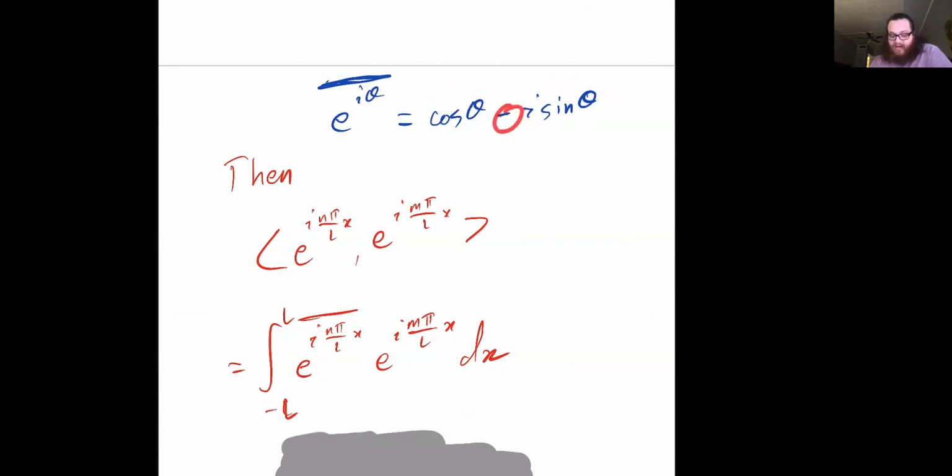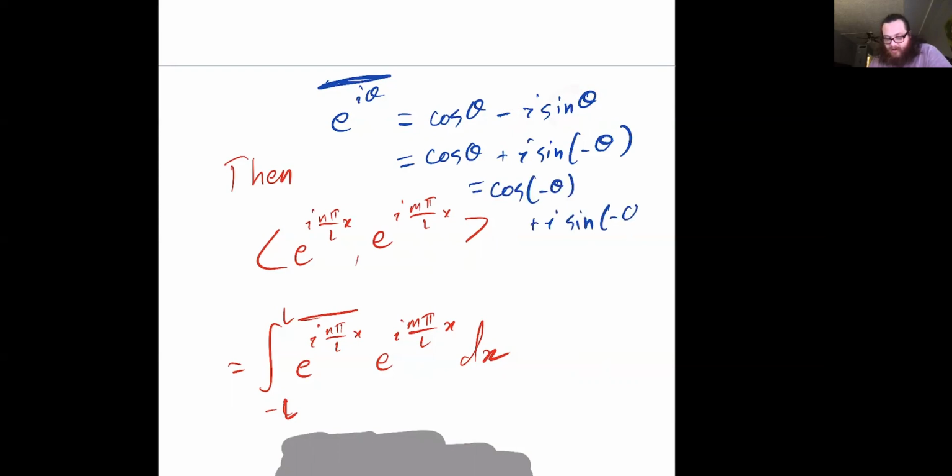But minus sine theta is equal to sine of minus theta. So this whole thing is going to be cosine of theta plus i sine of minus theta, which is equal to cosine of minus theta plus i sine of minus theta, because cosine of minus theta is equal to cosine of theta.